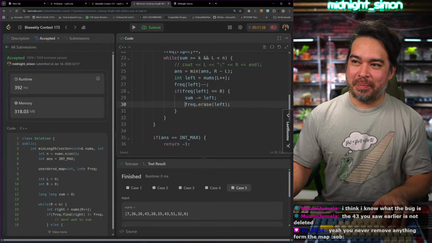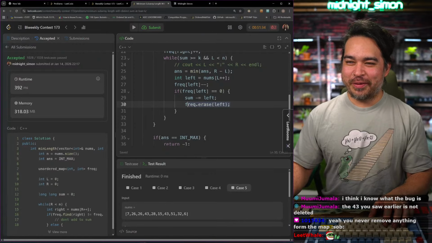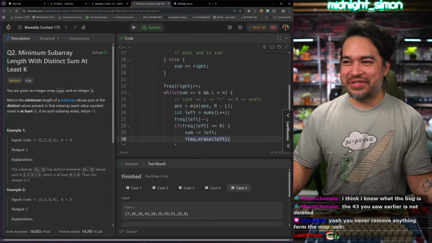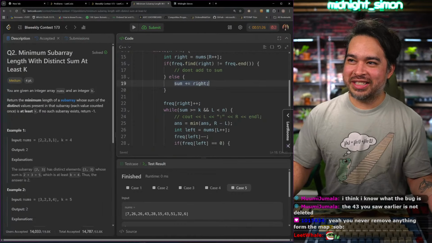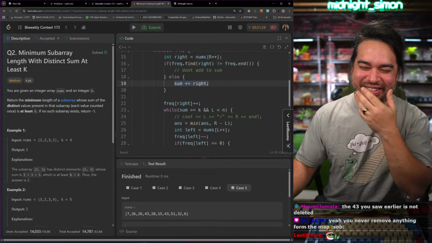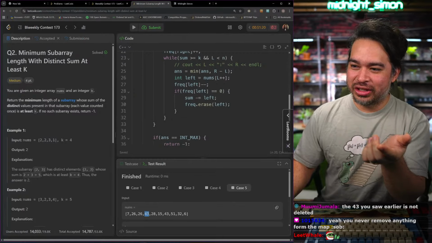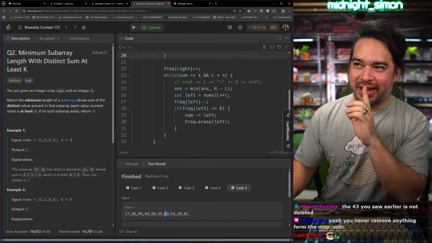I was thinking, should I erase from the map? And I thought, nah, I don't need to erase because I don't even use the map for anything, as long as I subtract it from the sum. But obviously, it should get erased there. This is a bug. Absolute bug.